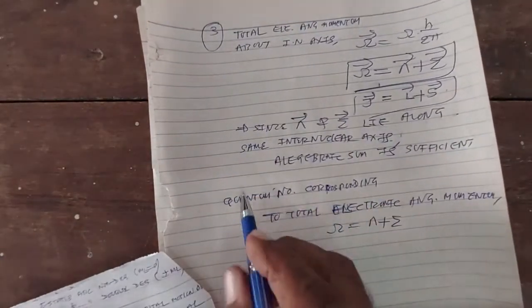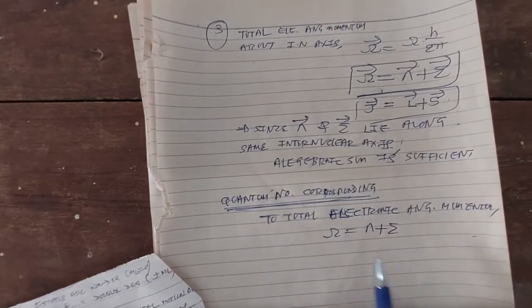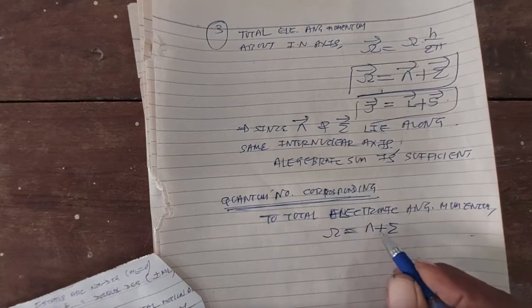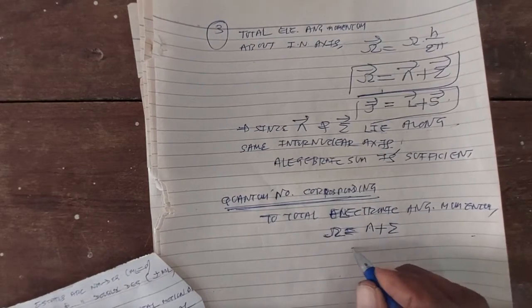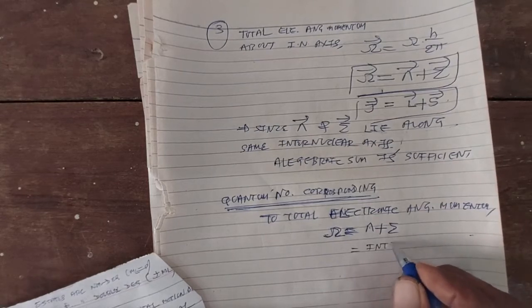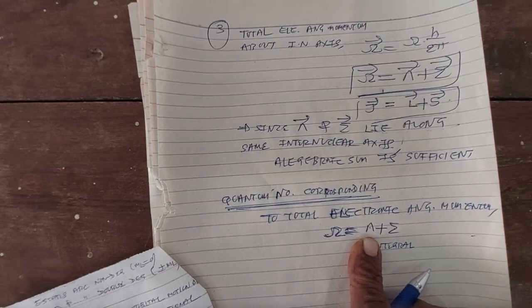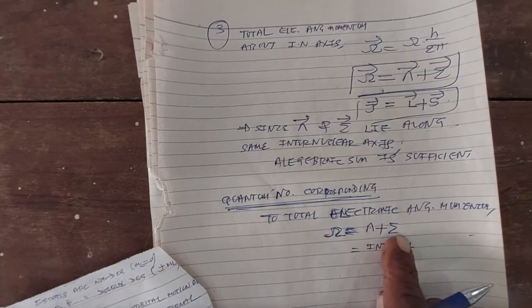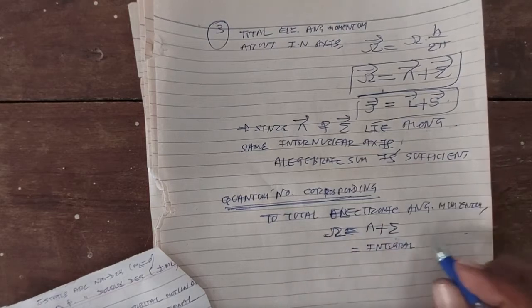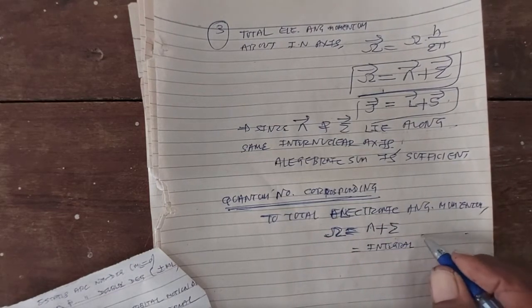This omega may be integral. See, lambda is always integral. If sigma is integral, then the total quantum number will be integral. If sigma is half integral, then the total quantum number will be half integral. So this omega, the total quantum number, is integral or half integral.